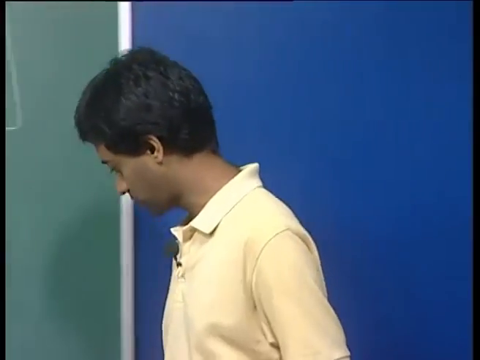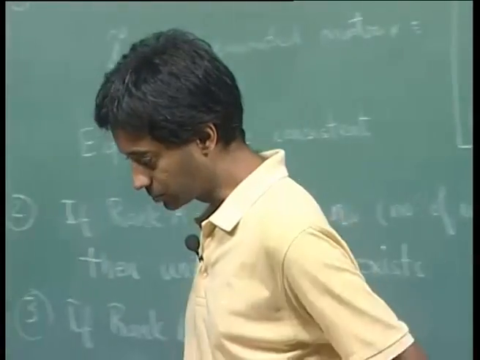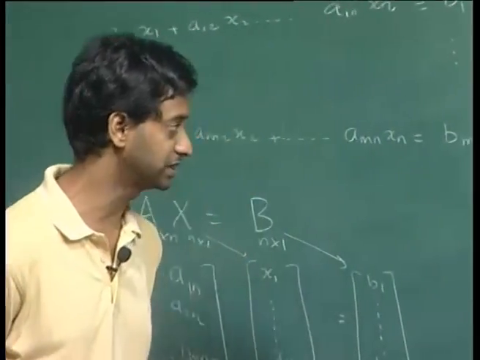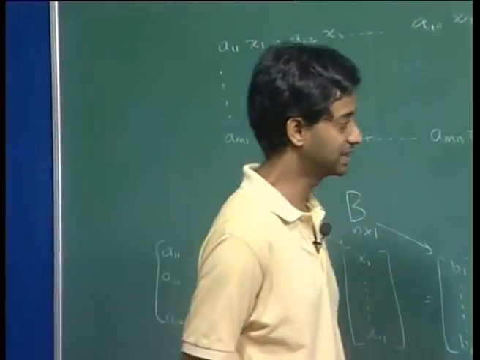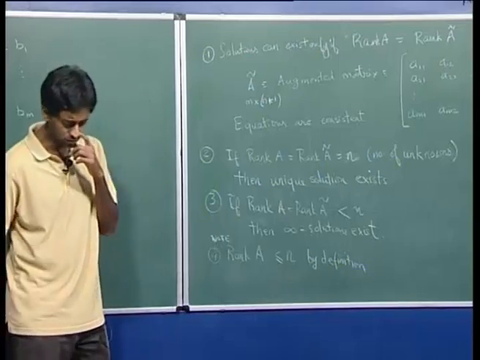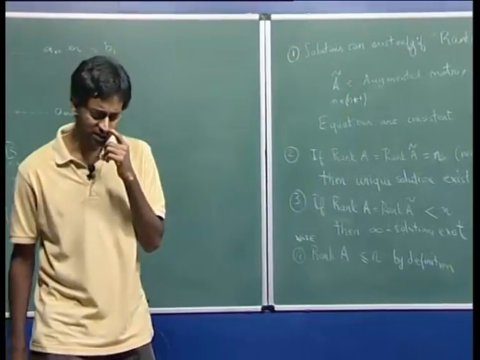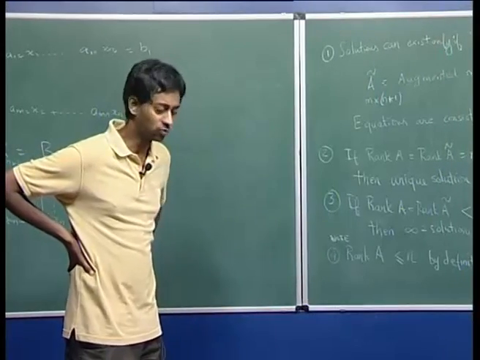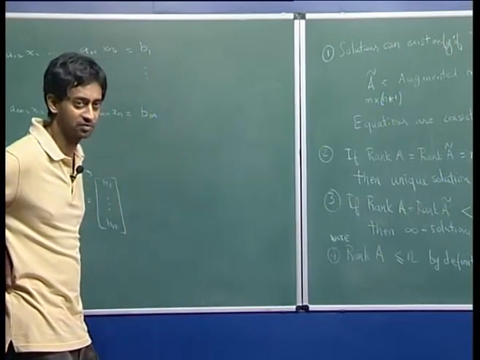Okay. So, we have talked about the rank, and we have said how the rank can be used to tell whether a system of equations has a solution or not. Now, two questions remain. One is, okay, the rank tells us whether you have solutions or not. Now, what is the best way to determine the rank of a matrix?